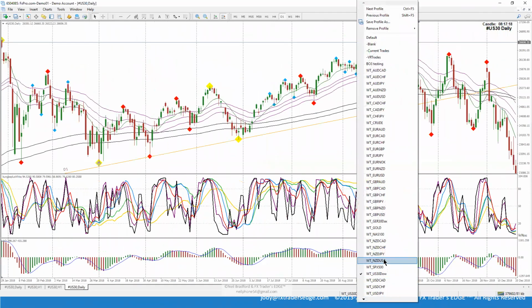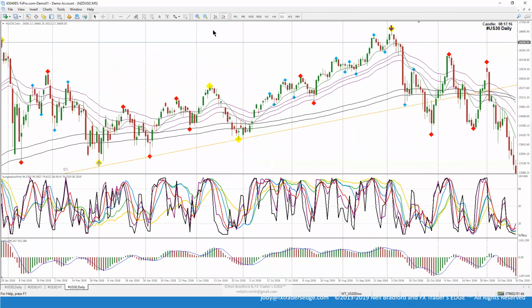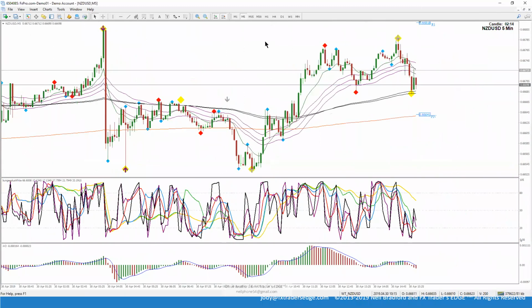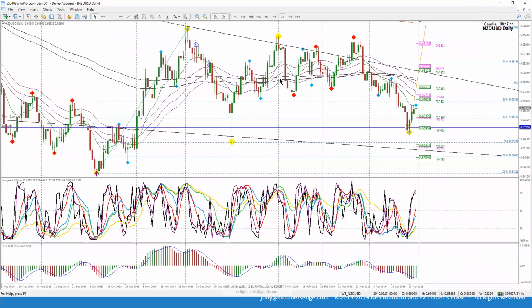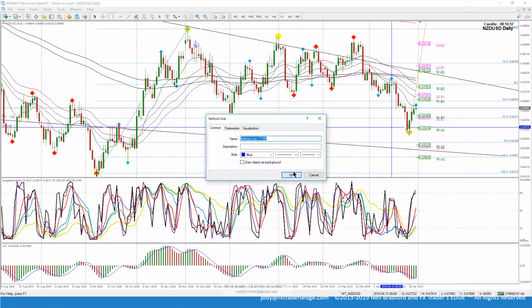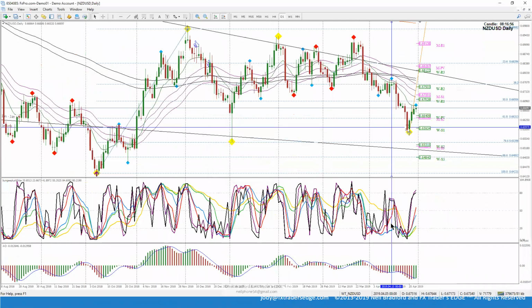New Zealand US dollar was the next one up, and we'll try and pick one near here. We'll try and pick a small move there. There is a correction up, a stretch away up here.